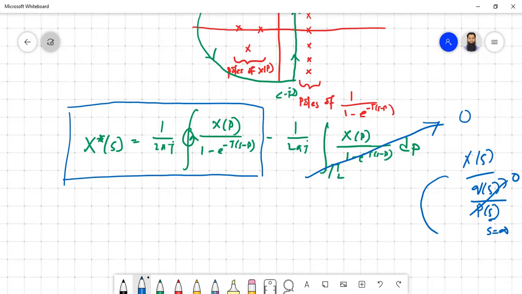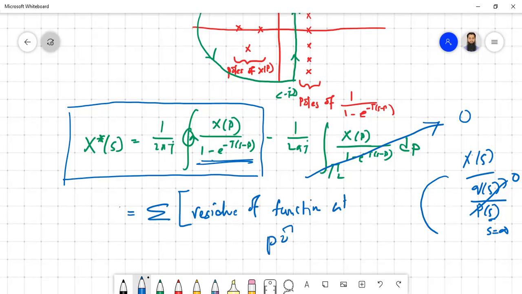Now, whether you recall or not, this whole thing is your function. Using the residue formula, what we have seen is that it says the summation of all the residues of the function at the enclosed poles. In this case, which poles are enclosed? The poles of XP. Because if the poles are outside the contour, the integral is always 0, so it doesn't make any difference whether we take them or not.